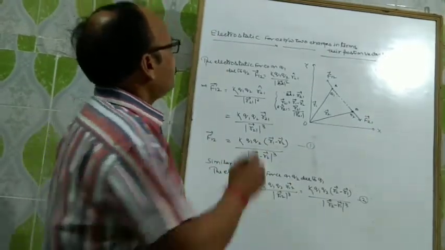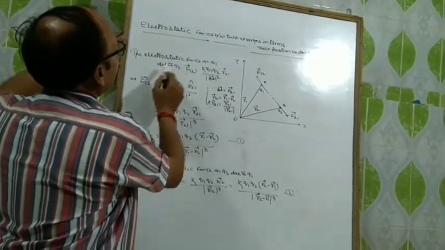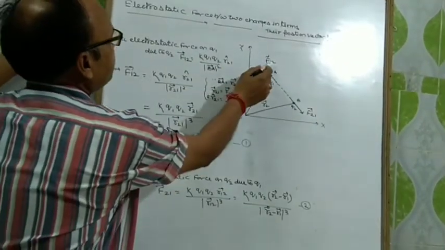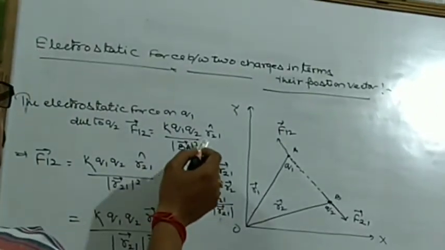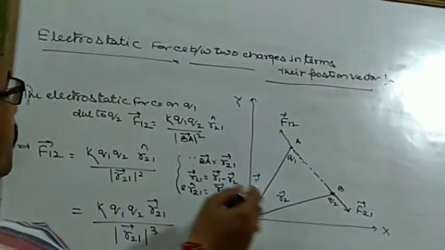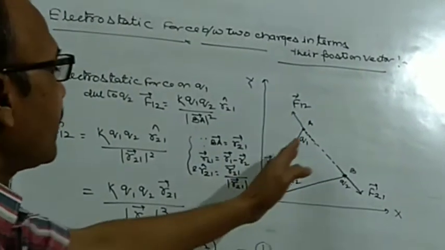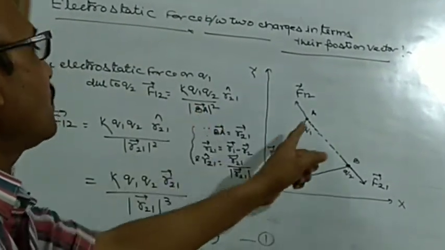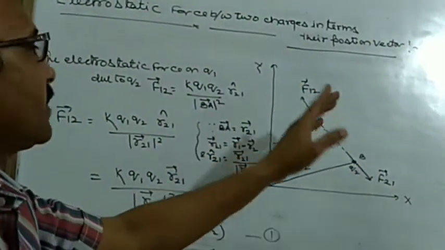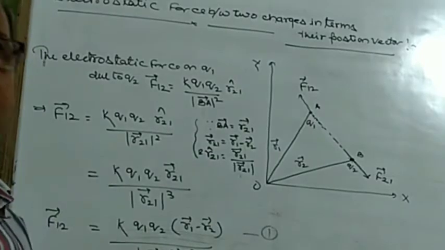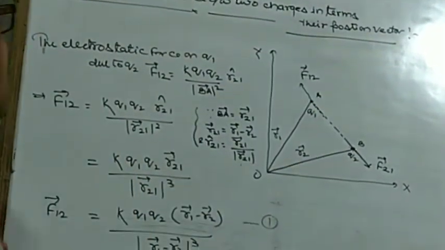So we have to find the electrostatic force on Q1 due to Q2, that is this force F12, which will be equal to K Q1 Q2 upon this distance square. Whether this is AB or BA, the square of both will be the same. There is only the difference of direction.